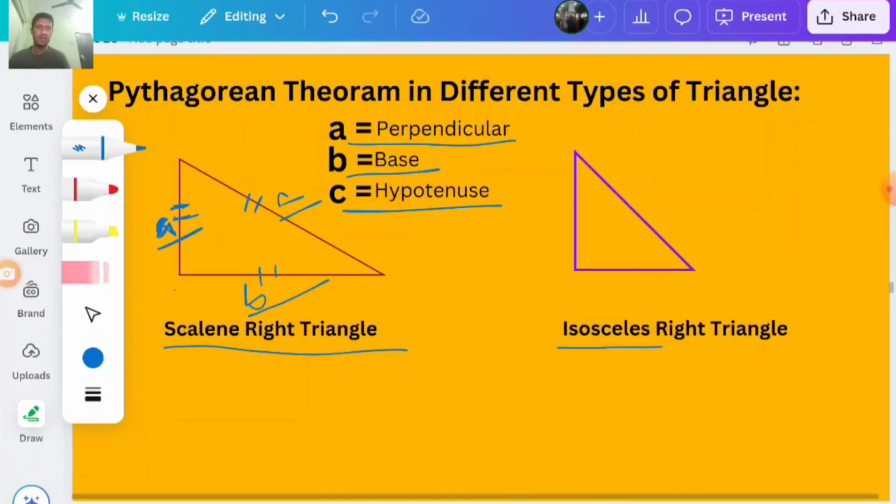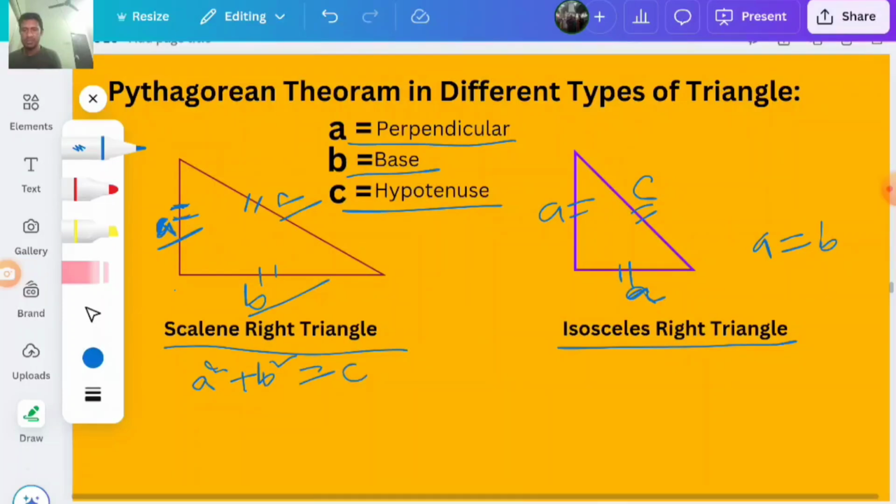And in this isosceles right triangle, this is perpendicular, this is base, and this is hypotenuse. So I am denoting here, this is C, this is A, and this is also A, because A equals B. That means perpendicular equals base. The equation of the Pythagorean theorem in the scalene right triangle will be a square plus b square equals c square.